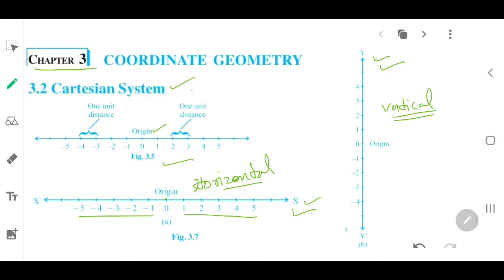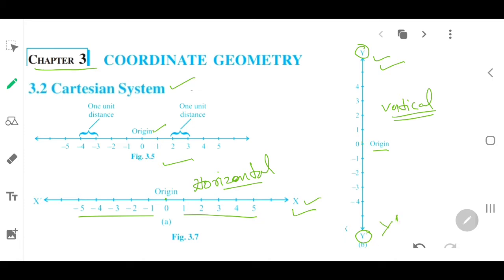And the y-axis also has 0 as origin. From 0 upward you will find all the positive values, and below 0 you will find all the negative values. Understood? So the axis which has all positive values, we can name it y, and with all negative values we can put it as y dash.